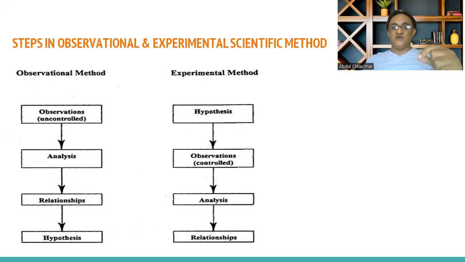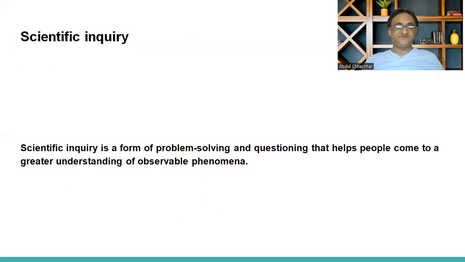However, in the experimental method, first we have a hypothesis, that's the theory, and then observation, analysis, and relationship. So these are the two different methods you should know about, and how they work. They may give you a chart or table and ask which one is the experimental method and which one is the observational method.